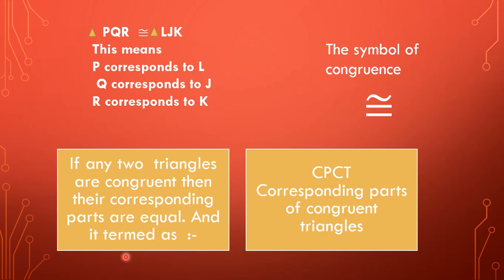So it is termed CPCT, whose full form is corresponding parts of congruent triangles. By this we can understand the congruence of triangles, how we have to observe, and how we can write the corresponding vertices, corresponding angles or corresponding sides.